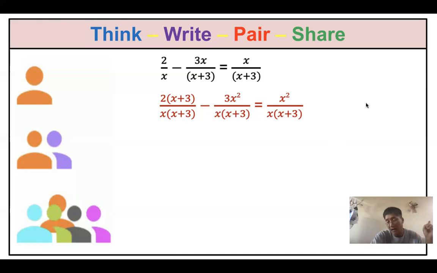Remember, or write it down, it's up to you. But now, once you get the common denominator, what is next? Yeah, you set numerators equal to each other, right? But now be careful, you have a subtraction. So let's simplify. 2x plus 6 minus 3x squared equal to x squared.